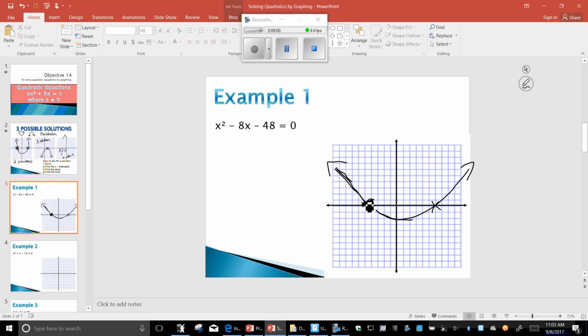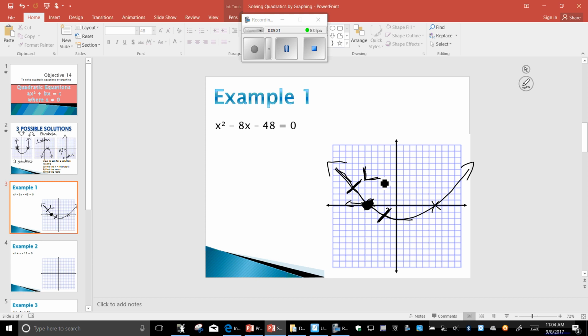If I wanted to go to the left, would I go above, like up here, or would I go below? Which way's to the left? So if I travel to the left is in this direction. So if I want to stay on the parabola, I would go above. So left is going to be above.